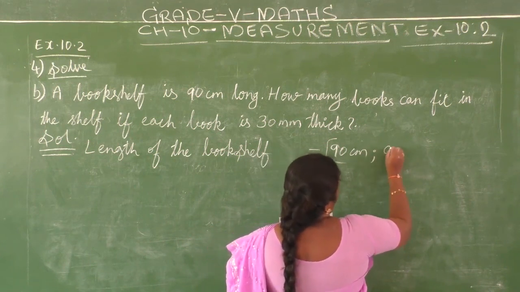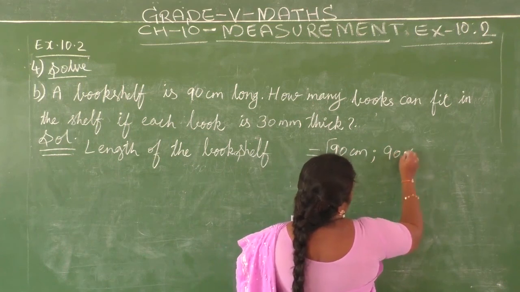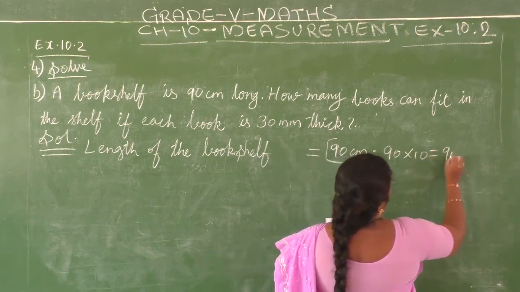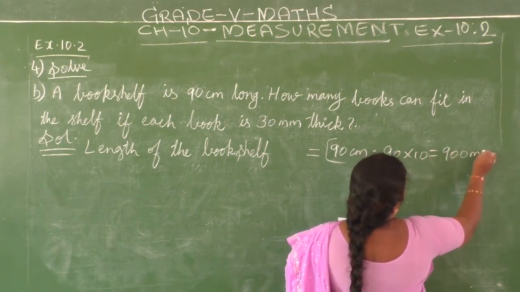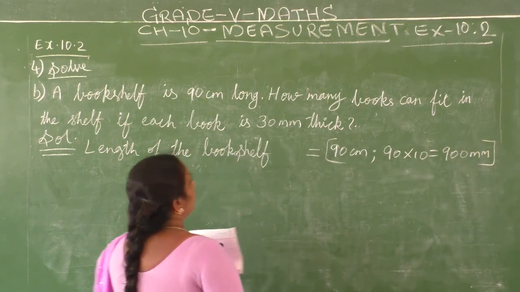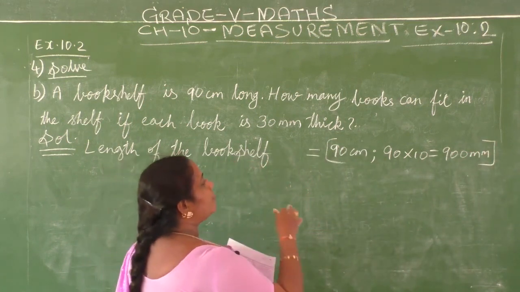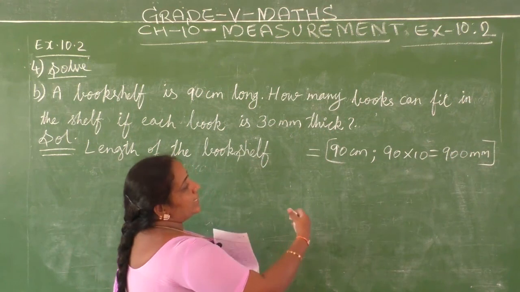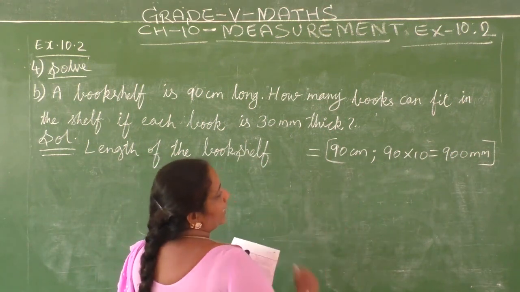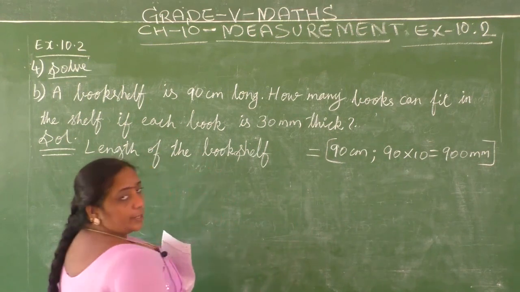So we can multiply this 90 into 10. It's equal to 900 millimeter. Then only it's easy to divide. Because whenever we are doing division, if both lengths are in the same unit, we can divide it easily. So for that only, I change that 90 centimeter into millimeter.